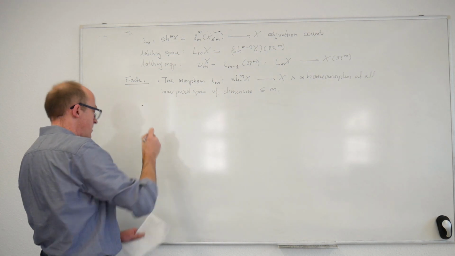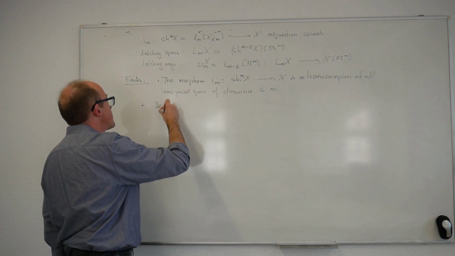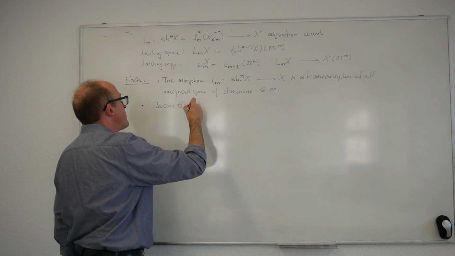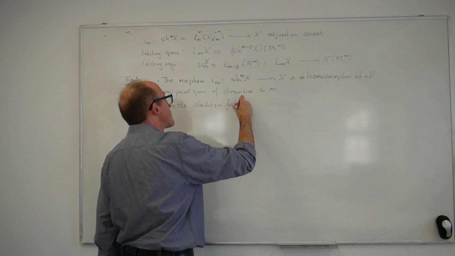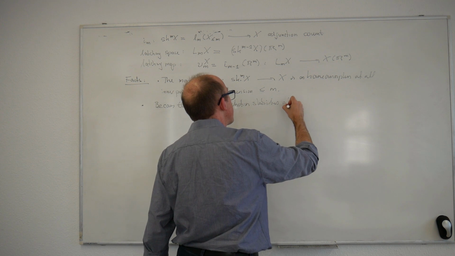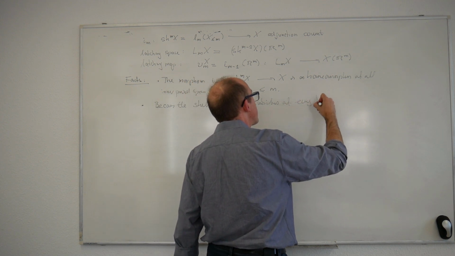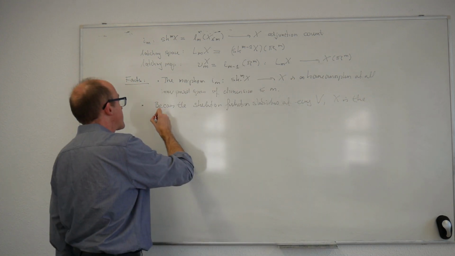The consequence of this is that because the skeleton filtration stabilizes, at every inner product space V, X is the colimit of the skeleton filtration.